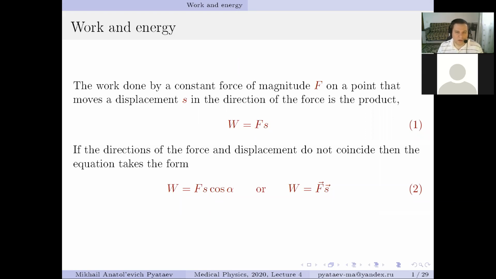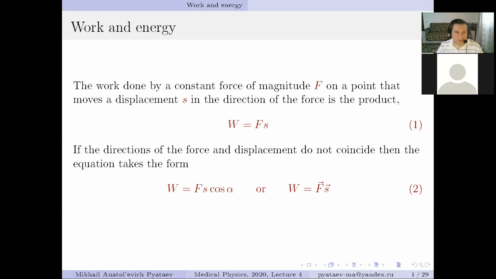And initially it is defined in mechanics, and then in electricity the definition can be different, but it is related to the definition from mechanics.